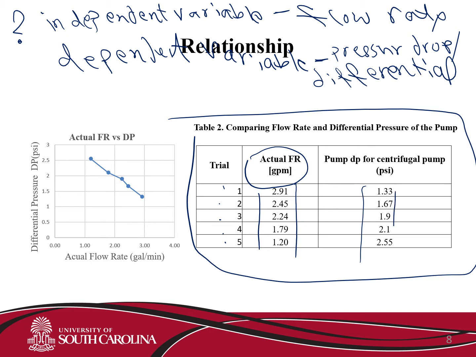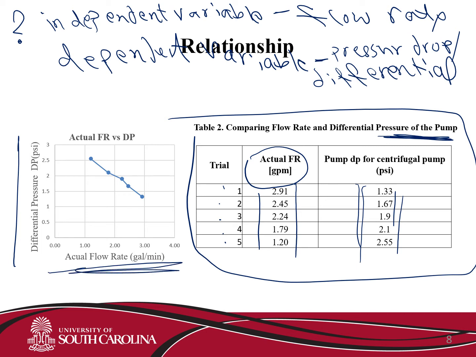Make sure to use the right unit when you draw or when you calculate the error or the efficiency. You need to draw a figure of differential pressure for the centrifugal pump with the actual flow rate.